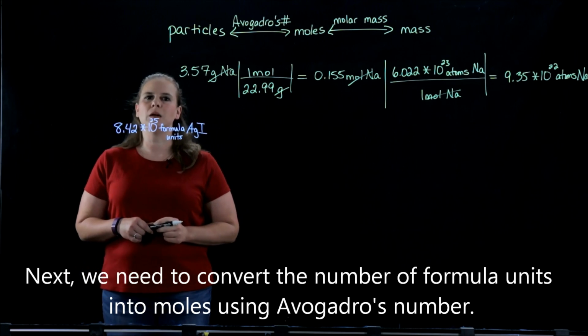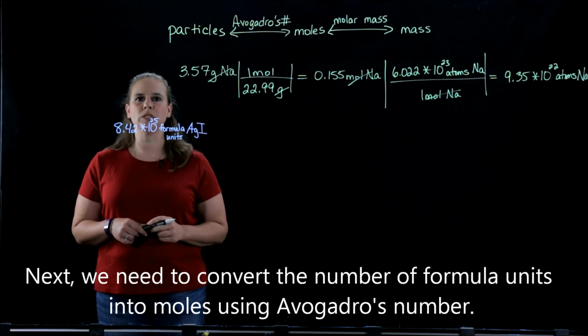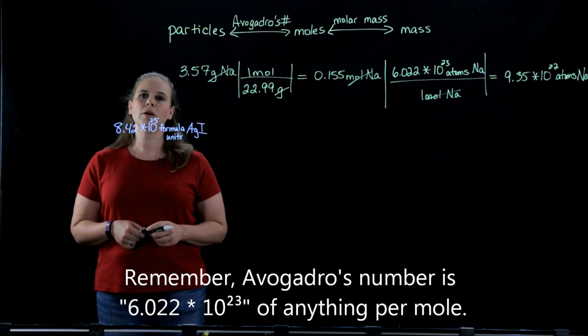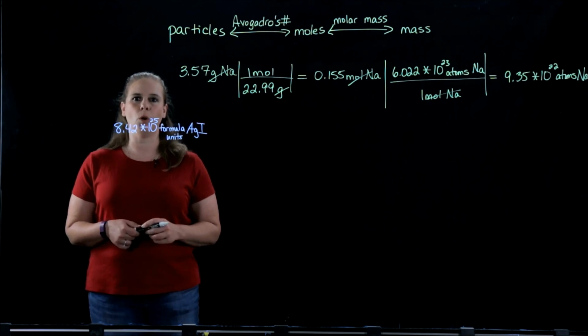Next, we need to convert the number of formula units into moles using Avogadro's number. Remember, Avogadro's number is 6.022 times 10 to the 23 of anything per mole.